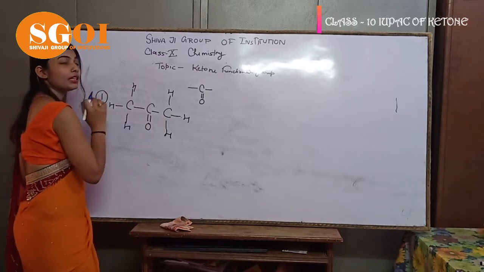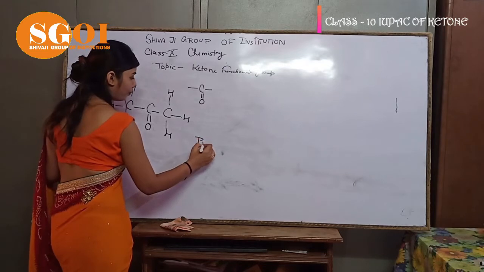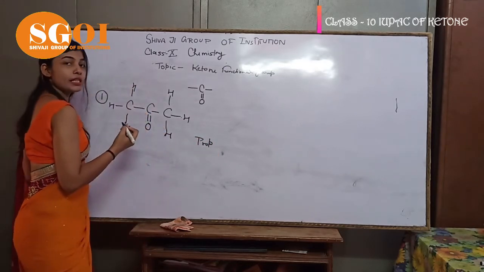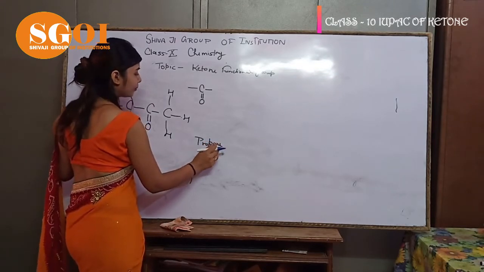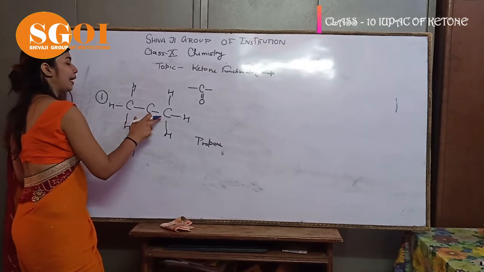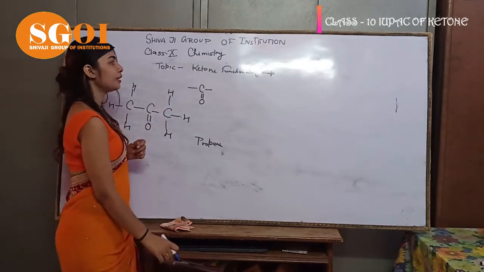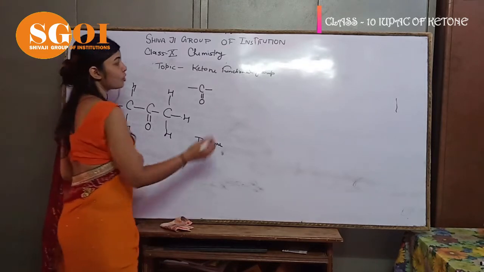It has 3 carbon atoms, that is why the parent alkane is prop. Carbon to carbon has a single bond, students, that is why we use ane. And it contains the CO functional group, which is the representation symbol of ketone functional group, that is why we use ON.